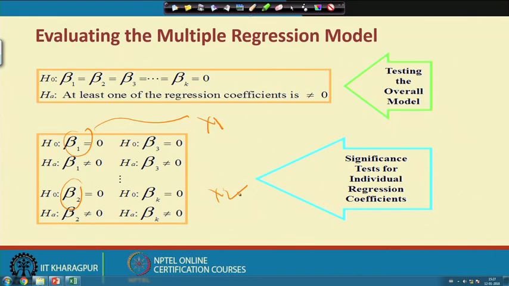We want to check whether both are statistically significant, or they are not at all significant, or at least one is significant to predict the y, that is, housing price with respect to number of years and square feet, right. So, this is the process, and then we will check how the testing is done.